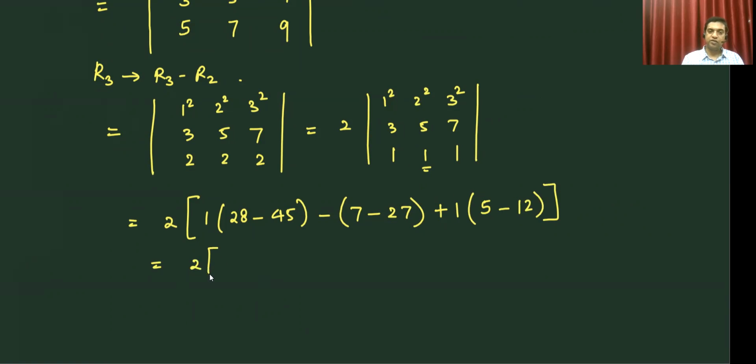So twice of this is 17. This is plus 20. This is minus 7. Okay, so you get minus 24 minus 4, you get minus 8 as the result.